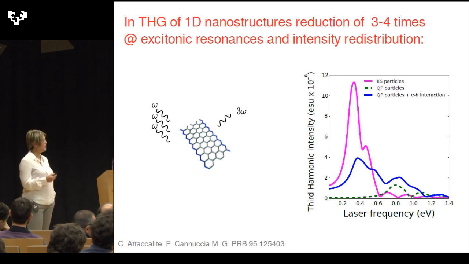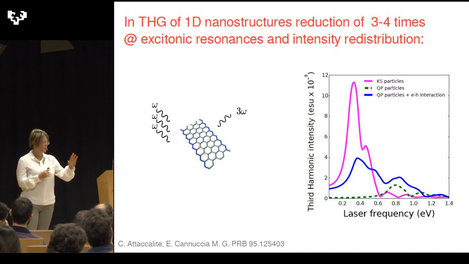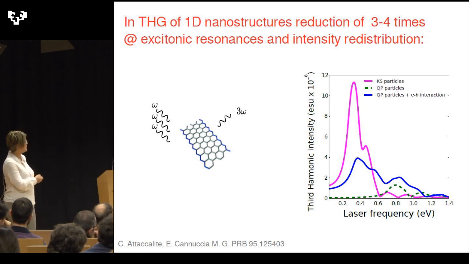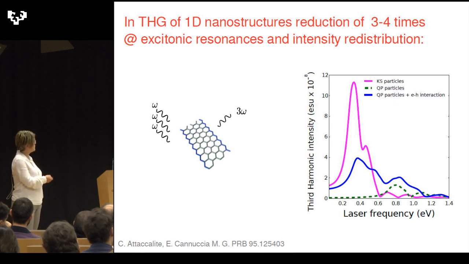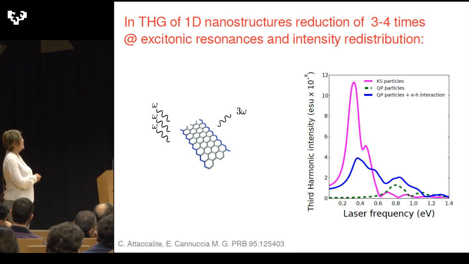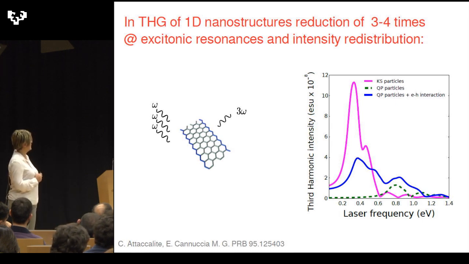So you see a strong reduction, and this is due to the sum rule. If we blue shift, then the intensity comes down. And then if we add the electron-hole interaction, we will have a redshift again. But we also have, with respect to the original Kohn-Sham independent particle calculation, a strong redistribution of the intensity.